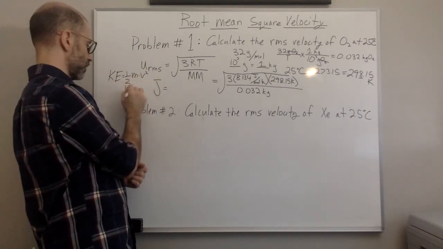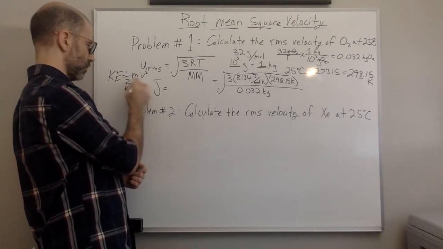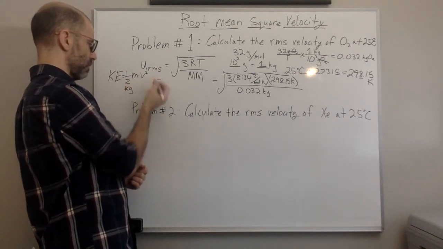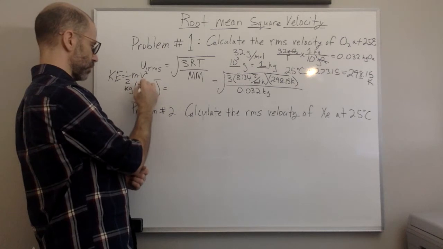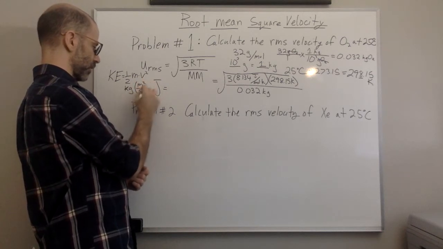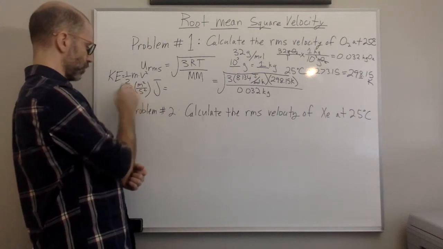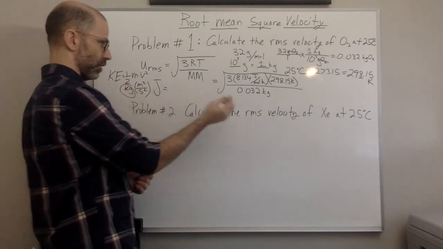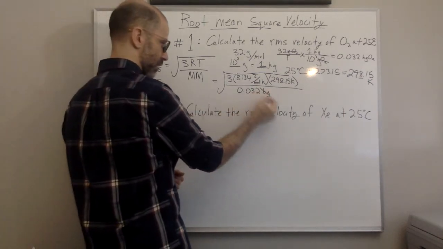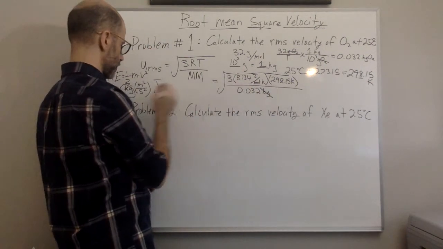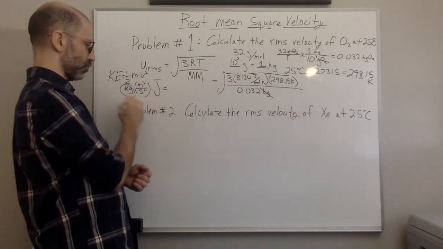Mass unit is kilograms, and velocity is meters per second, so that's meters squared per second squared. This is why it's important to know that, because we have kilograms here. So kilograms cancels out from the units in joules.